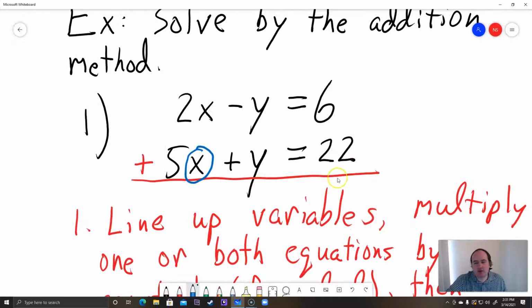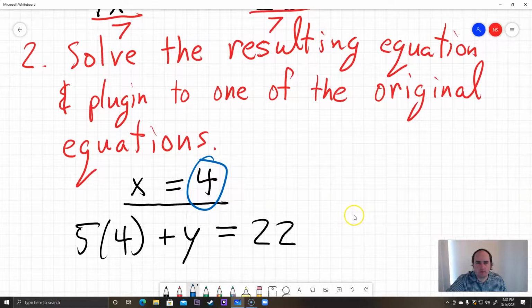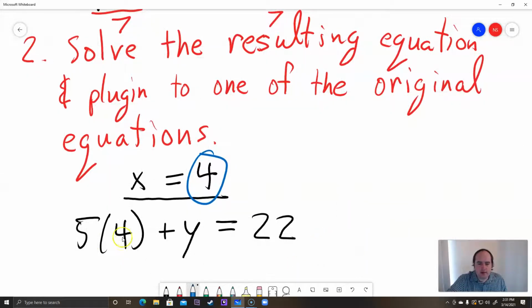I chose the bottom equation because y is easier to solve for there. So I got 5 times 4 plus y equals 22, and then of course you have to solve this equation, and then you're done.